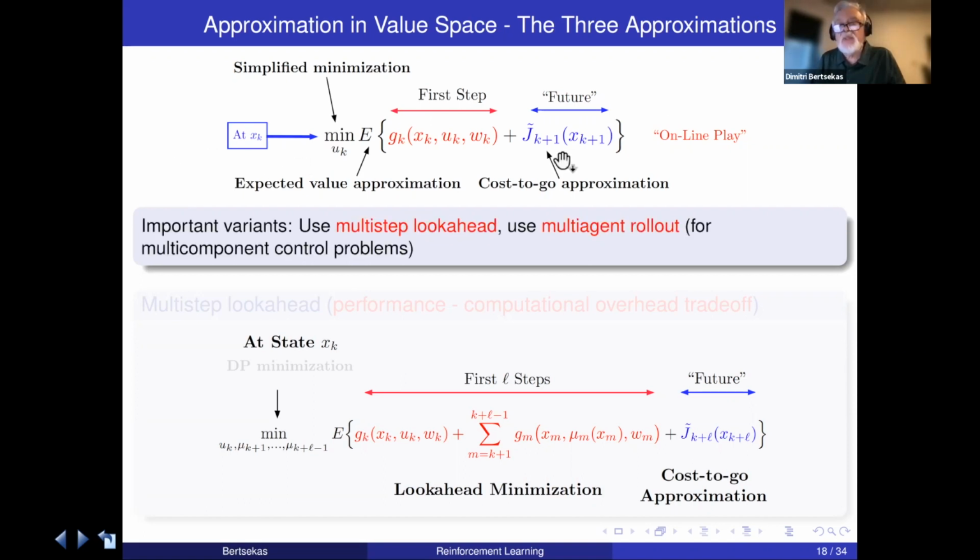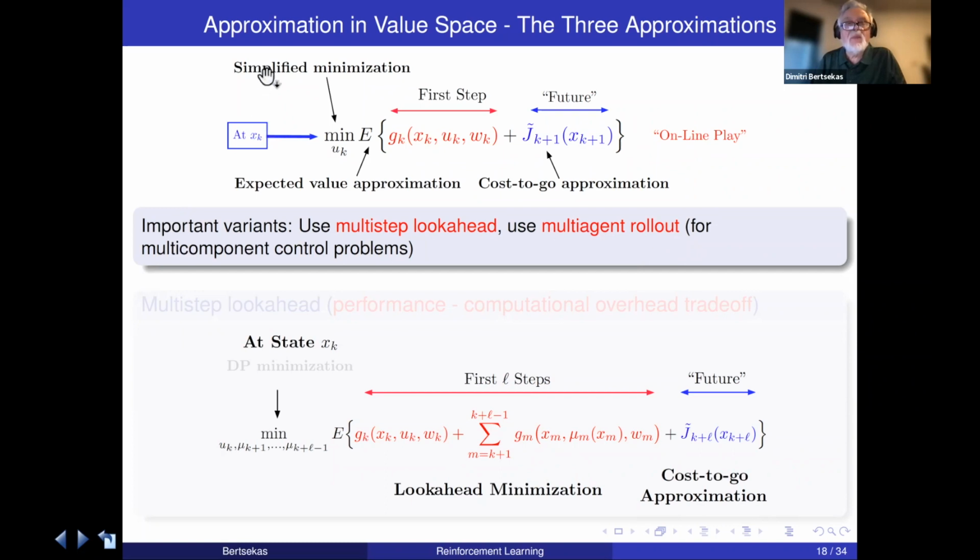And there are some variants of this structure here. One is to use multi-step look ahead instead of one-step look ahead. Here we look ahead only one step and then take the cost function approximation. In multi-step look ahead, we look forward multiple steps and then take the cost function approximation.